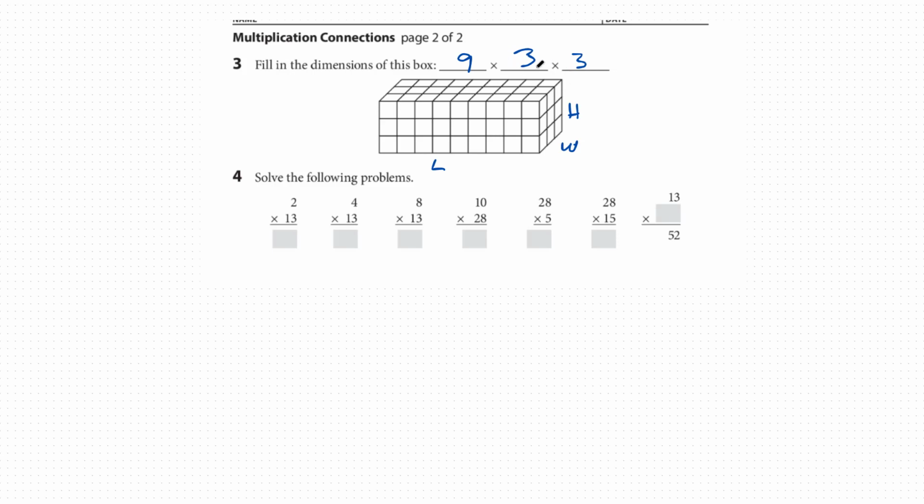So I like to break this up. 3 times 3 I know is 9. So this is 9. Let me just draw an arrow. And I know 9 times 9 is 81 cubes.